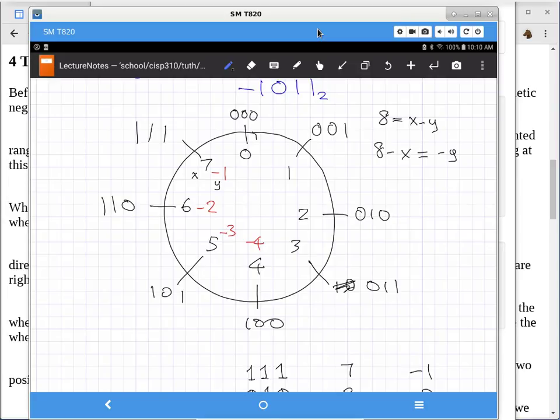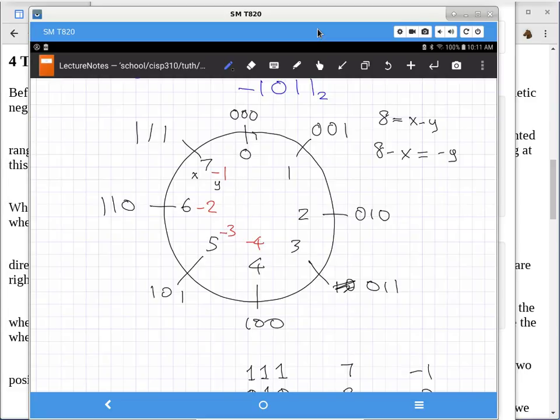So 8 is a cool number, but how many digits do we need to represent 8 in base 2? 4 digits, because 8 is 1, 0, 0, 0.